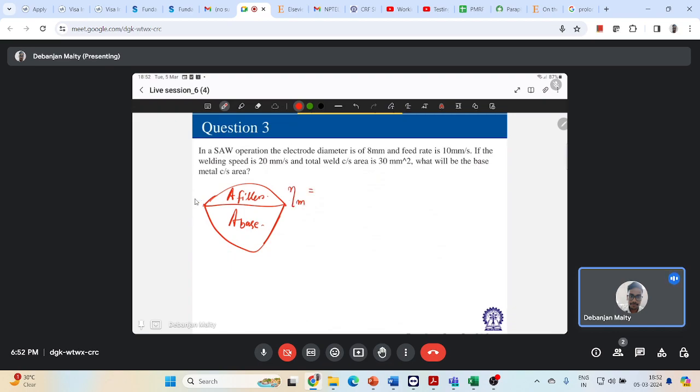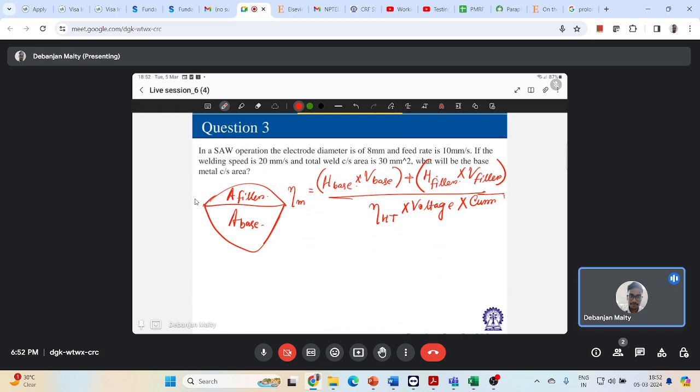It will be the heat required to melt the base metal per unit volume into the volume of the base, plus the heat required to melt the filler per unit volume into the volume of the filler, whole divided by eta heat transfer into V, that is my voltage, into current, right? That will be my melting efficiency.